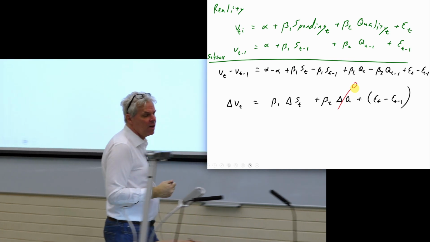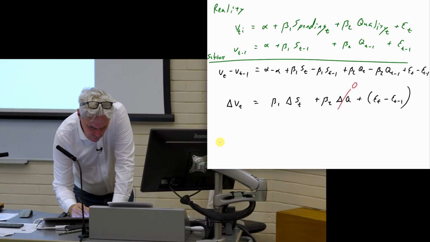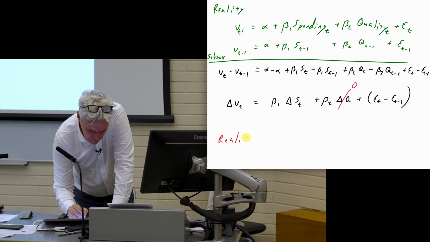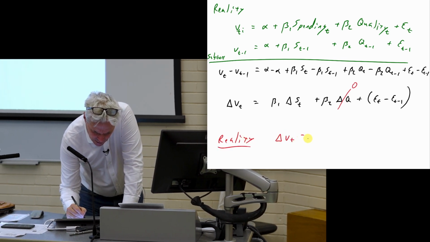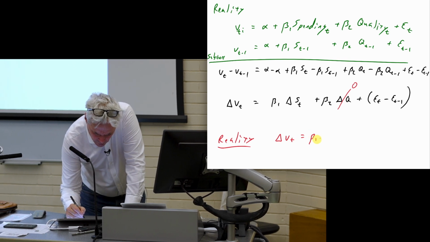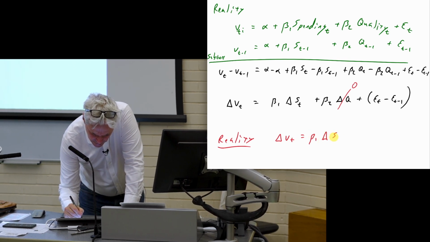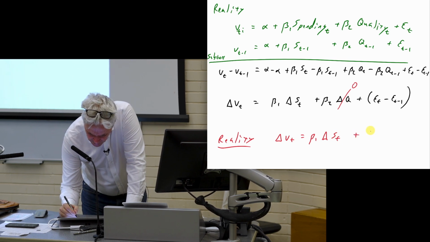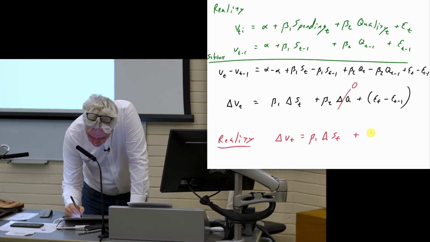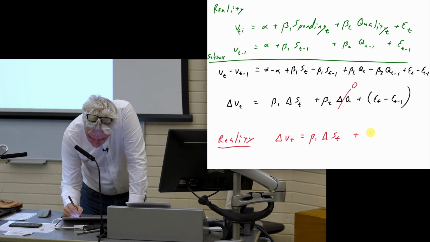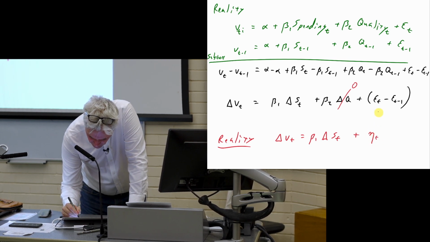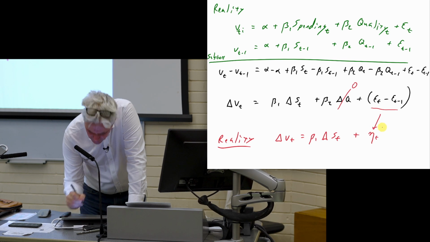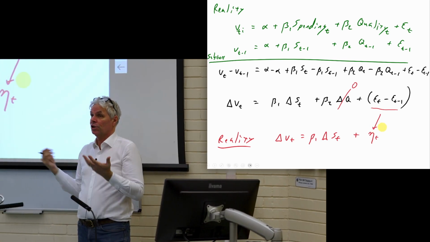And so then the reality becomes the change in Vt is equal to beta 1 change in St plus, I don't know, we use some other Greek letter. What other Greek letters we got? I forget all my Greek letters. Look at that one. Right? This is our new shock, which is just the difference between those old shocks.